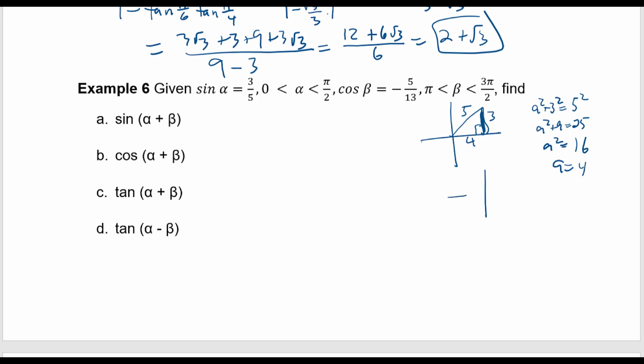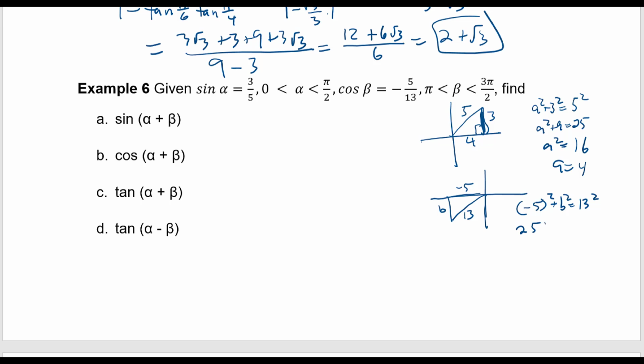And for the other one, it's a third quadrant, and it's a cosine. So our hypotenuse is 13, and then this is negative 5. Call this b. So in this, we would say negative 5 squared plus b squared is 13 squared.